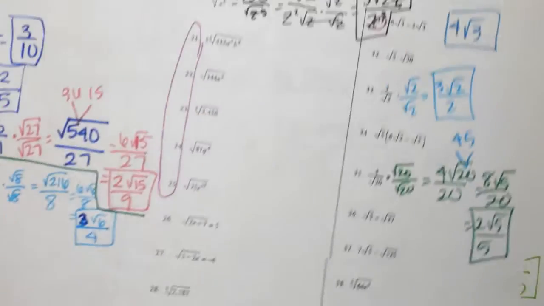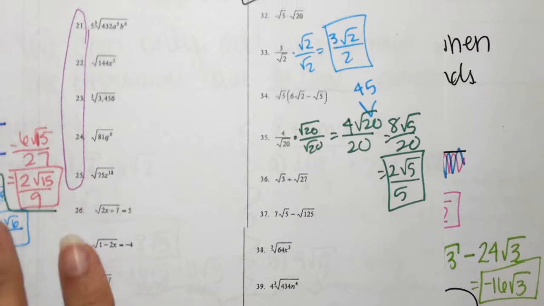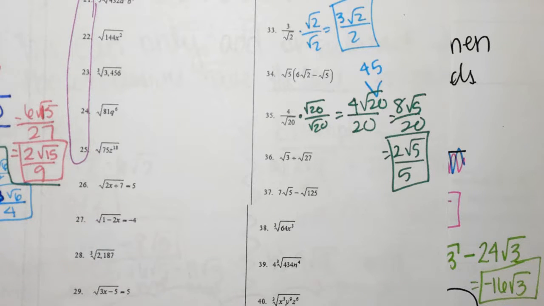Alright, let's look at number 36. Try that one without me. That's a plus sign, not a division. You can do it.